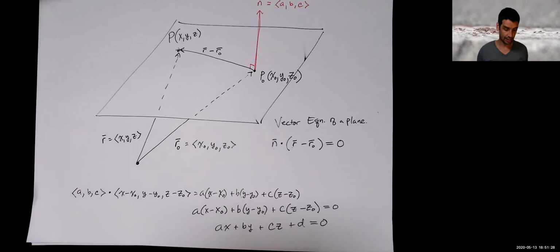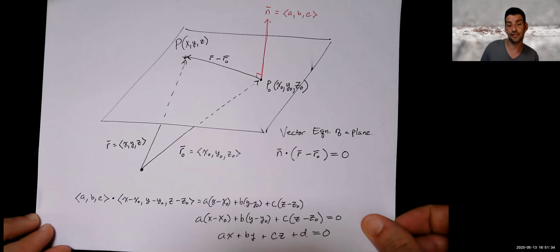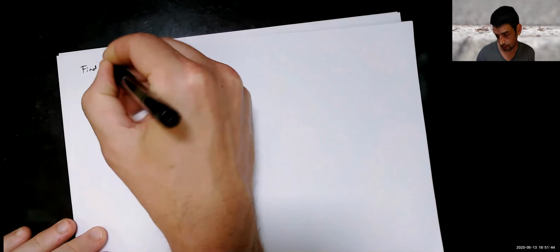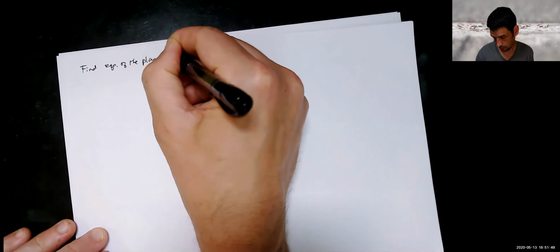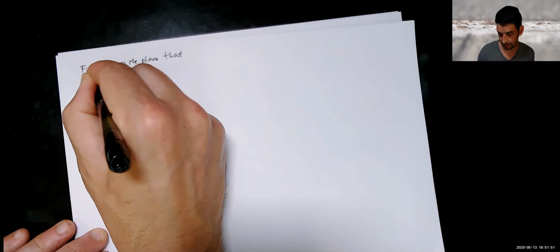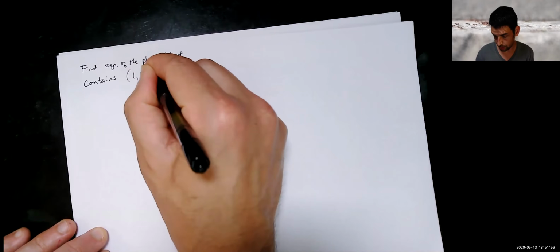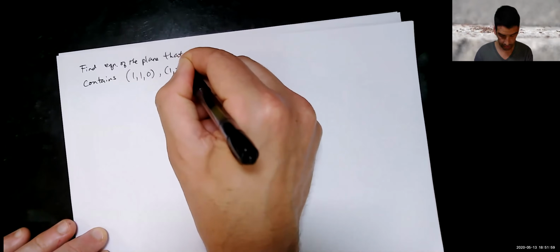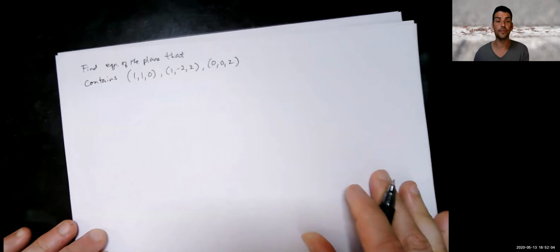So let's do a little exercise of finding the equation of a plane given a scenario, okay? So let's say I want to find the equation of the plane that contains these 3 points: 1, 1, 0; 1, -2, 2; and 0, 0, 2, okay?